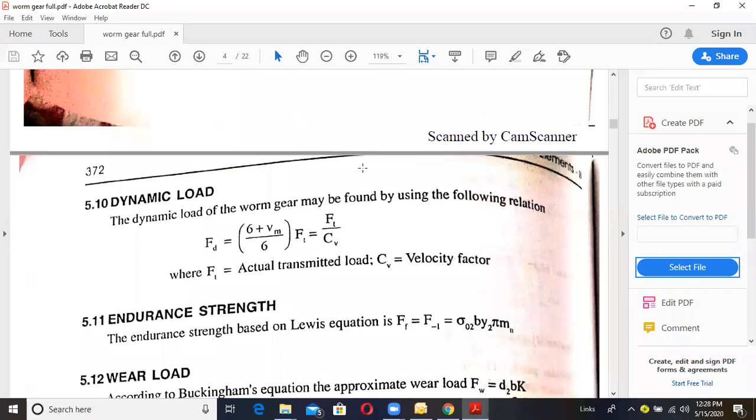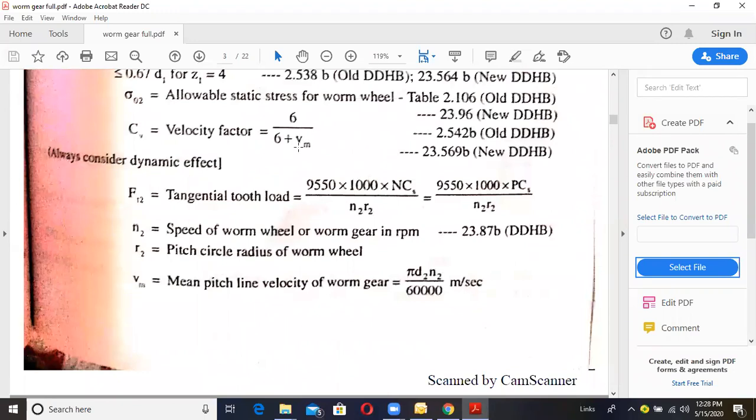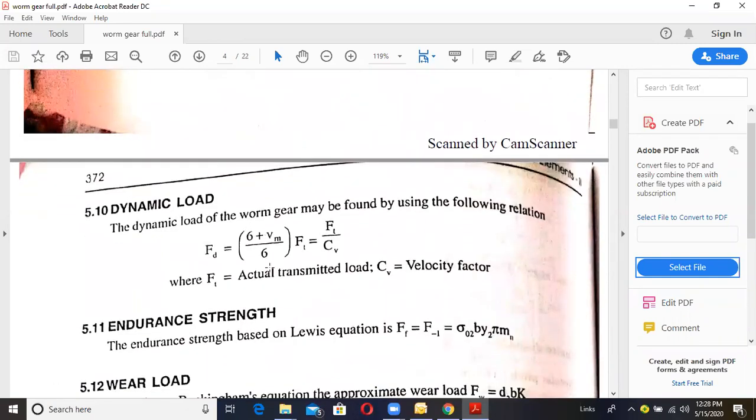See here you can see the formula of Cv: 6 divided by 6 plus Vm, correct? In the Fd formula, it is (6 plus Vm) by 6, so the reciprocal. Therefore you will get Ft divided by Cv. Ft is the actual transmitted load and Cv is the velocity factor. Understood?